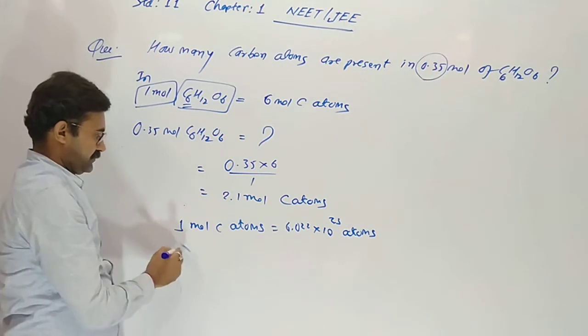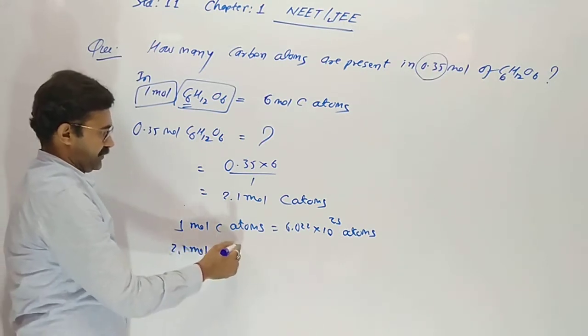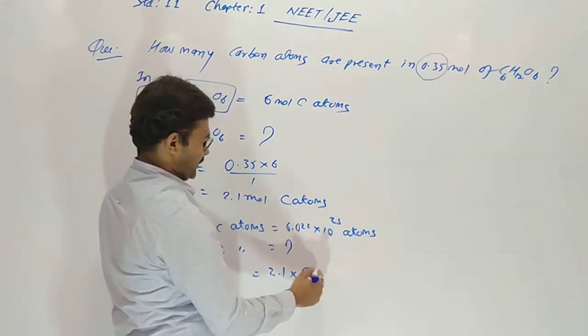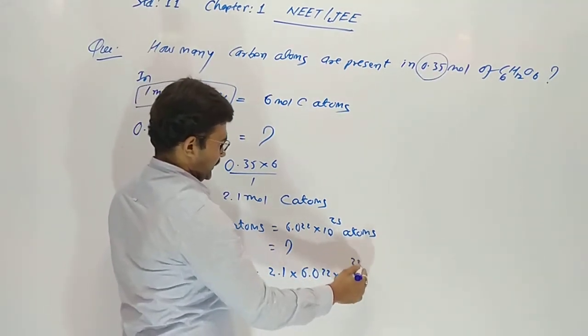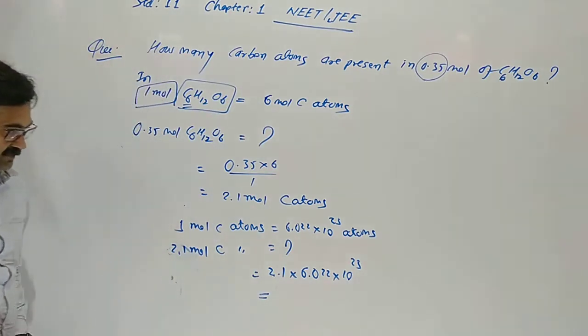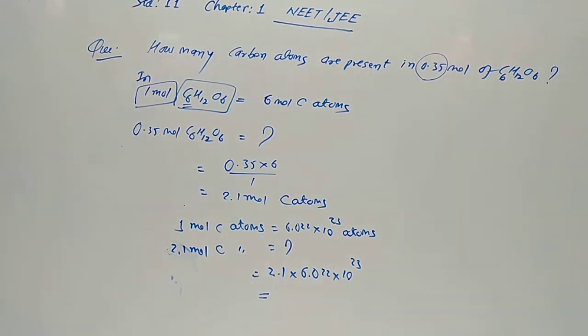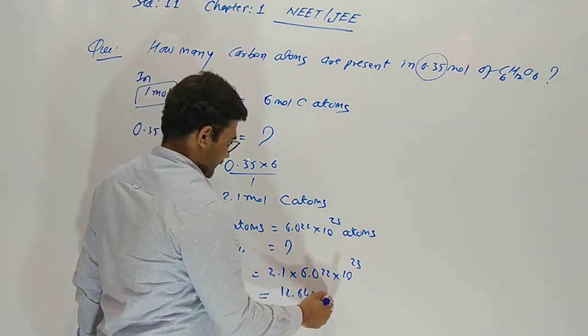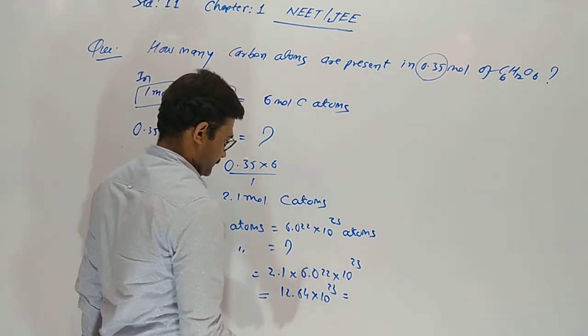Therefore, in 2.1 mole carbon atoms there will be 2.1 into 6.022 10 raised to 23. When we multiply 2.1 with 6.022, we get 12.64 into 10 raised to 23.